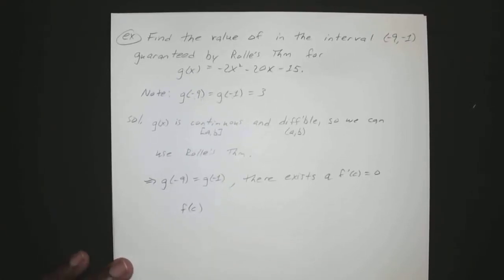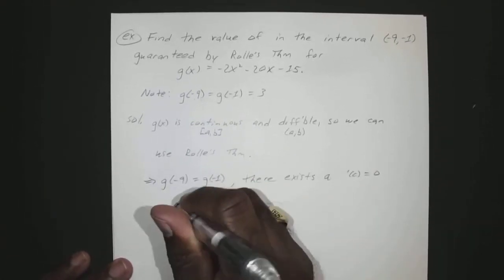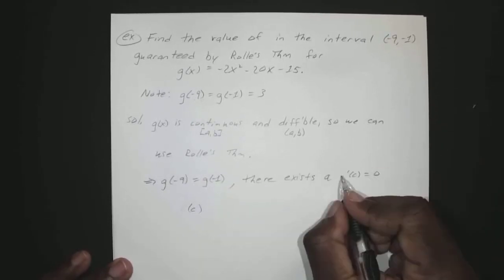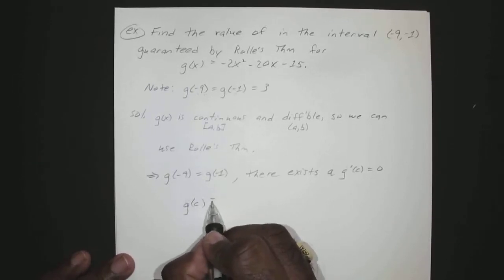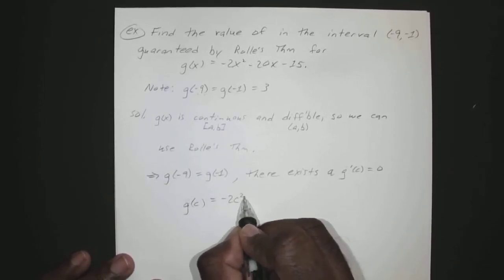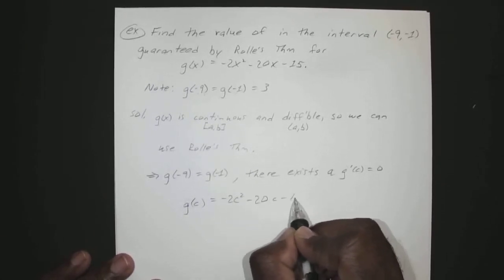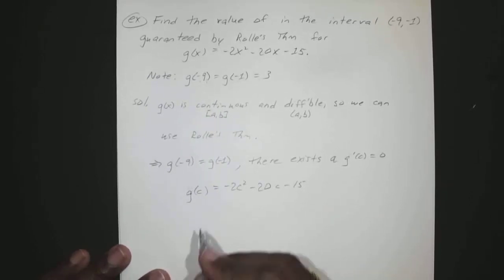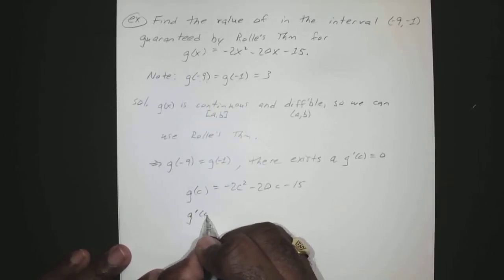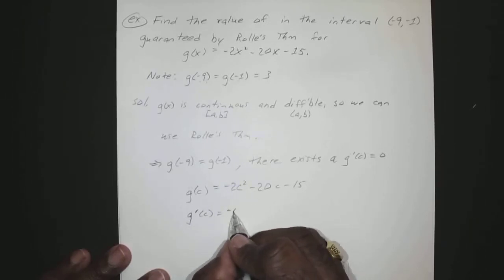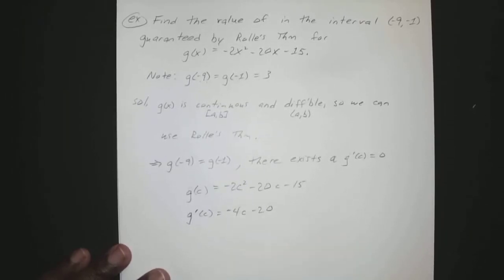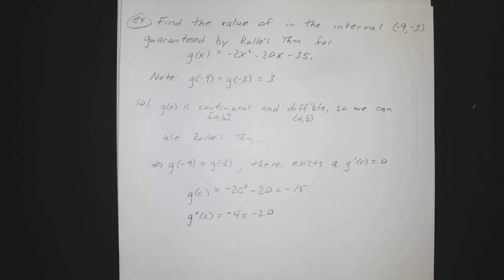So not f of c, g. I'm used to writing f. So g of c is just -2c squared minus 20c minus 15. Our g prime of c is equal to -4c minus 20. So we just have to find out where g prime of c is equal to 0.